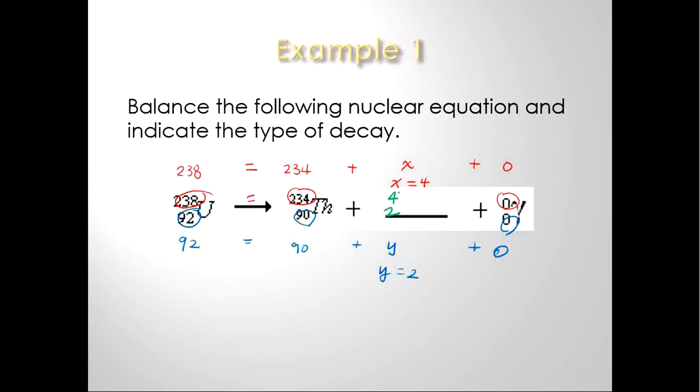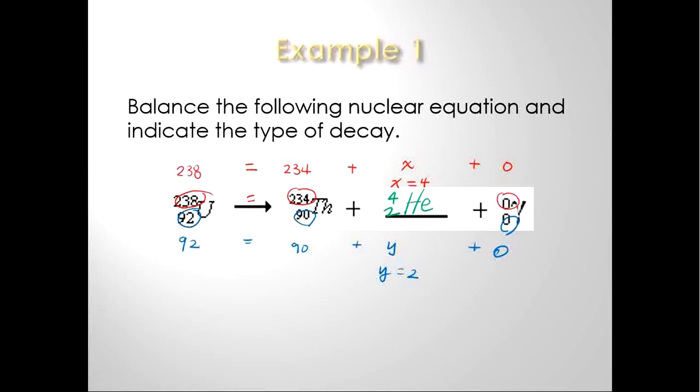And you should be able to recognize this symbol here. It's 4,2 helium or 4,2 alpha. And that's how you complete it. So you'll notice that the mass numbers will be equal from the reactant to product side, and the atomic numbers will be equal from the reactant to the product side.